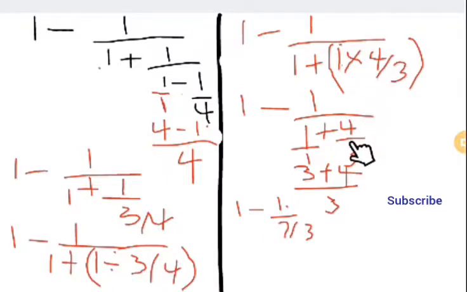So the same thing will be applicable here. In this case now we have 1 minus the reciprocal, which will now be 3 over 7. That means 3 will go up, 7 will come down.